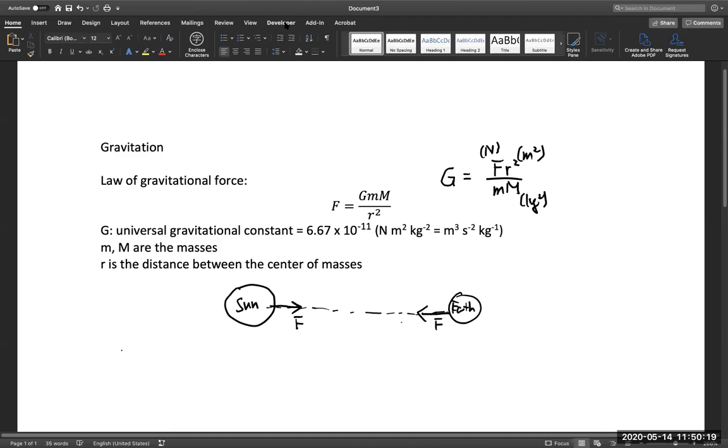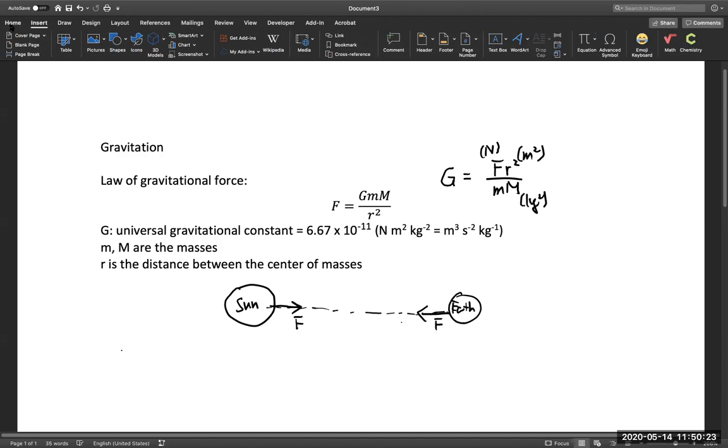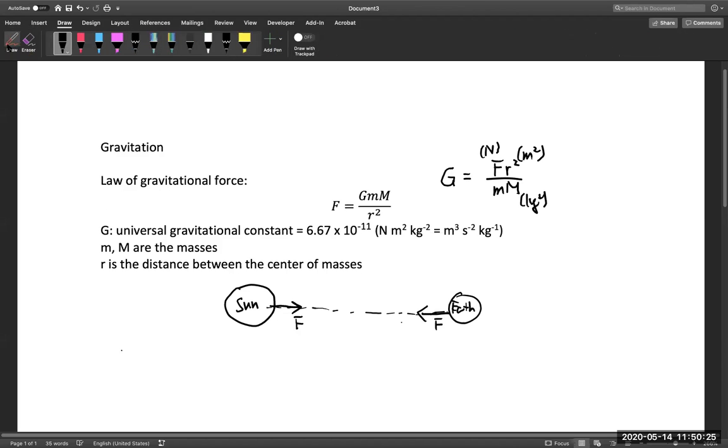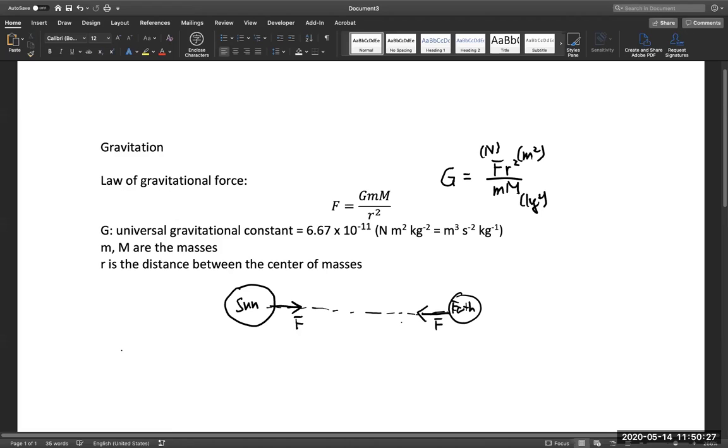So let me give you the value of the mass of the Sun. Does anyone know it? It's 2 times 10 to the power 30 kilogram.